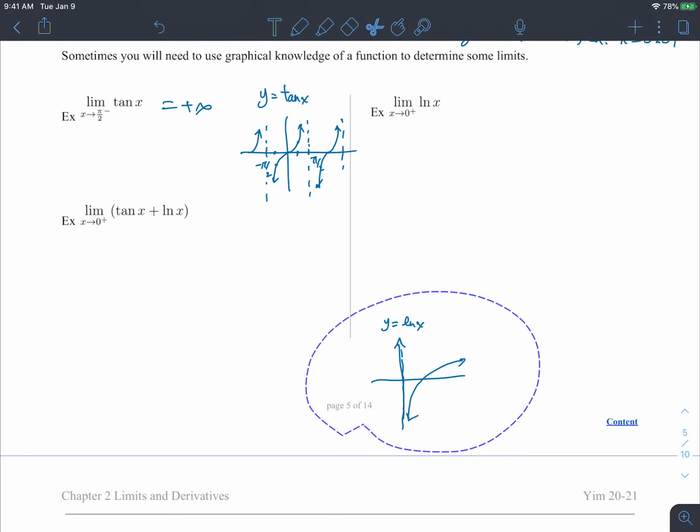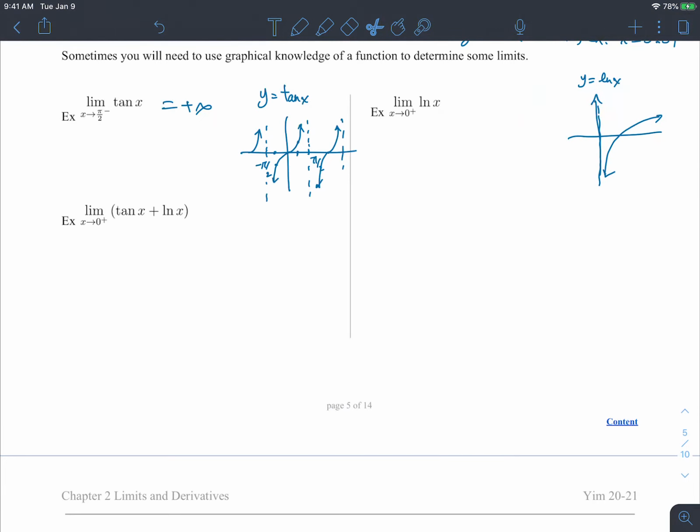And let's look at this question right here, guys. Let's put this over here. What is happening as the value is approaching 0 from the positive side? It's going to negative infinity. Now, what this one is saying over here, they combine the two functions with a plus sign. So we could separate them. So it's the limit as x goes to positive infinity of tangent of x, and in this particular case, we are doing the same thing with ln of x.